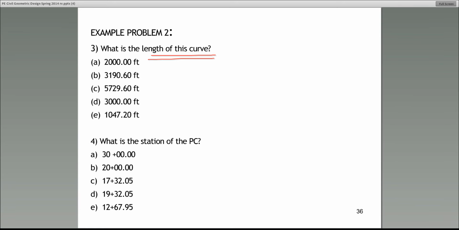Give me the number, not just the choice. A, B, C, D, E, if you can. Okay, I'm waiting for Stephen. That's not one of the choices.